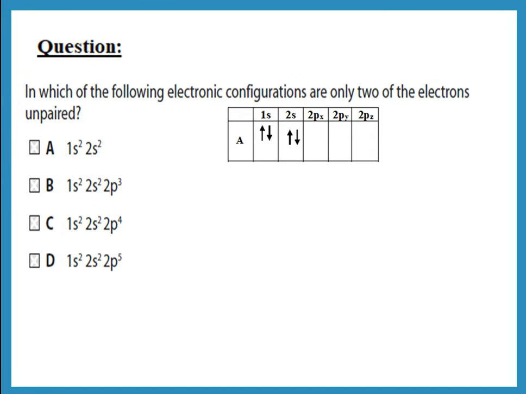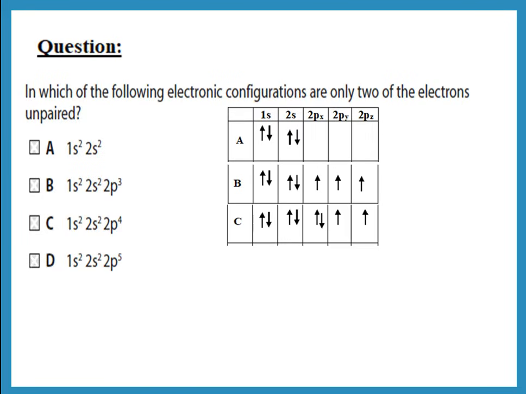Now, if I draw the one in B, 1s2 2s2 2p3, I have 3 electrons that I have to put into the p orbitals 1, 1, 1 first, and then they're not paired. So here I have 3 unpaired electrons.